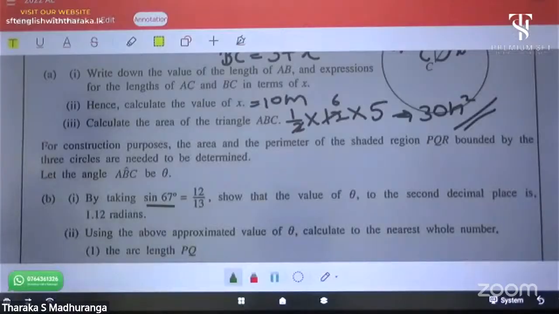Okay, calculate. Clearly understand the question first. For construction purposes, the area and perimeter of the shaded region PQR bounded by the three circles are needed to be determined. The shaded area needs to be measured. Like the angle of ABC, the B angle is theta.